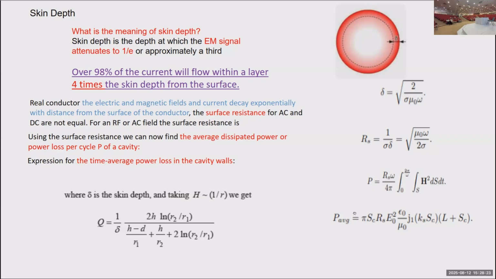And the definition is directly related to the conductivity, the permeability and the frequency. And the conductivity of the material, of course, depends on the material and the frequency.